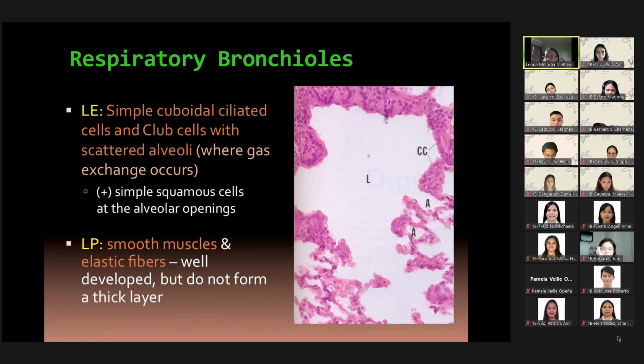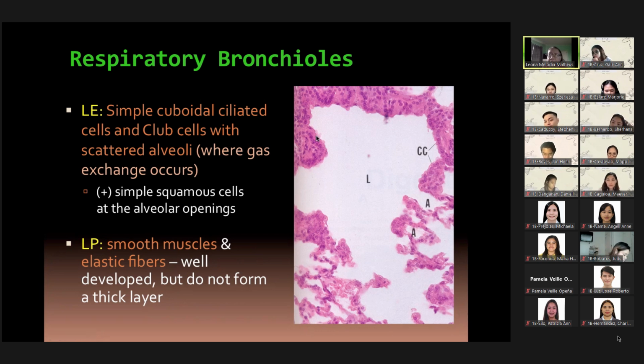You may also still find smooth muscle here, like this one. It is still well developed, but it does not form a thick layer, it is thin, as you can see in the picture. These are the things we see in the respiratory bronchiole.